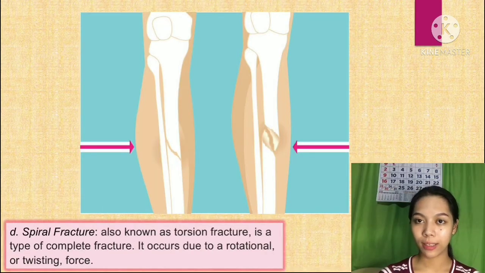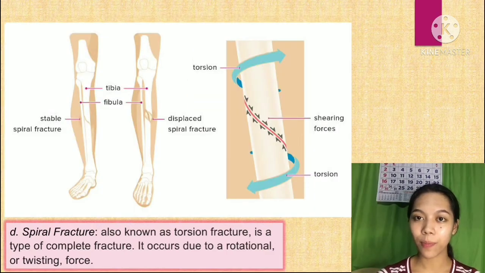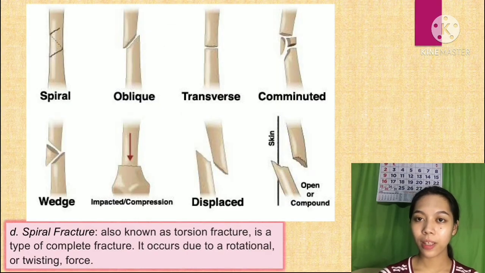Spiral fracture, also known as torsion fracture, is a type of complete fracture. It occurs due to a rotational or twisting force. The bone is kept immobilized by using clean casts for a period of 4 to 6 weeks.